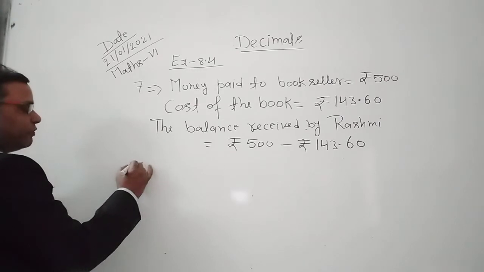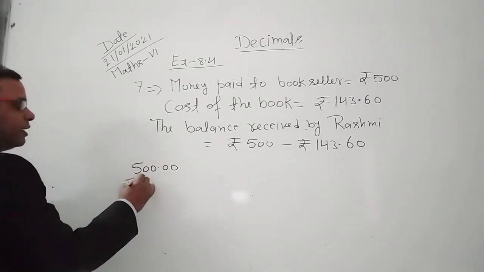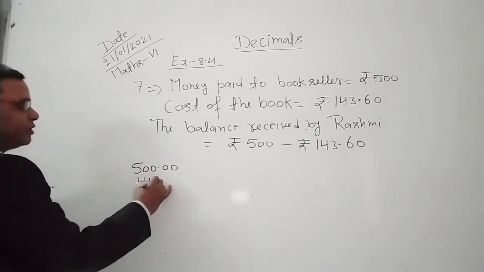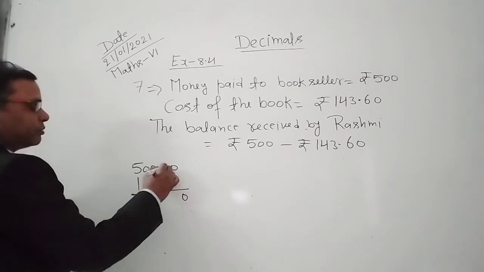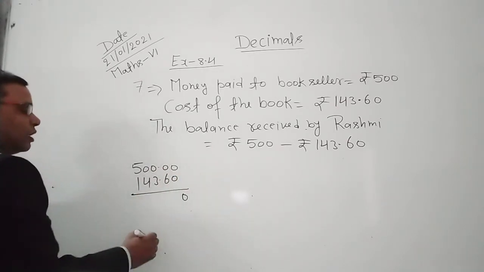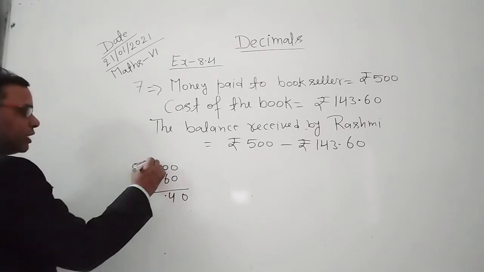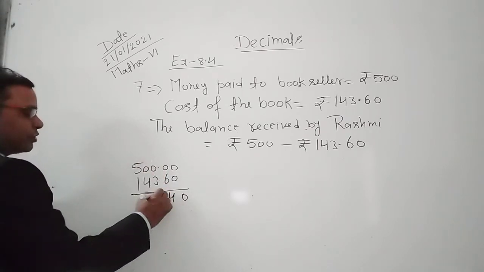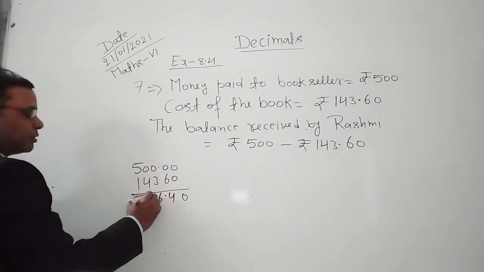Okay, 500.00 you can write here, and here 143.60. So this becomes 0, and this becomes 10. 10 minus 6, this becomes 4. This becomes 9. 9 minus 3 is equal to 6. And this becomes again 9. 9 minus 4 becomes 5.